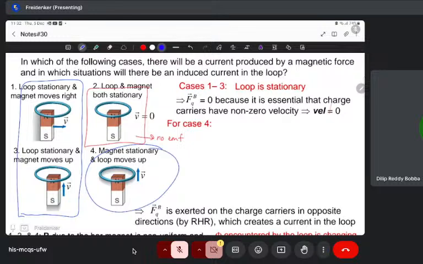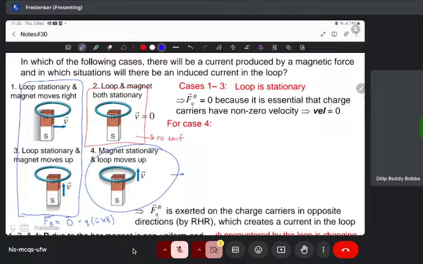In the cases where the magnet is moving and the loop is not moving, I can directly say the magnetic force experienced by the charge carriers in the loop is zero, because they are not moving. I know F_B is q v cross B, right? v is 0, so force due to magnetic field is also 0 in these two cases.